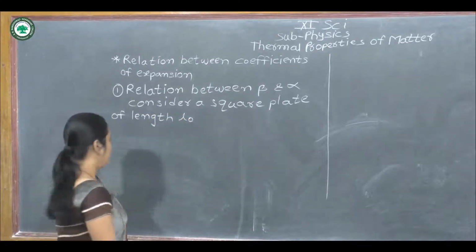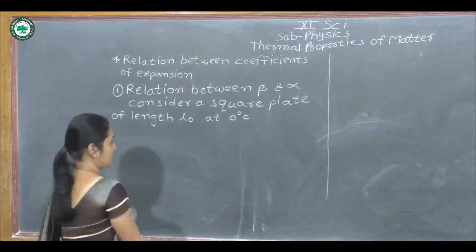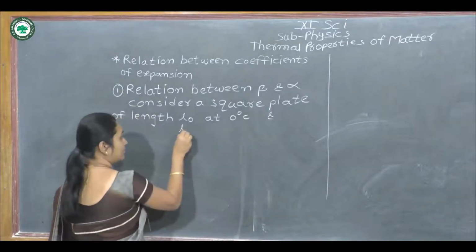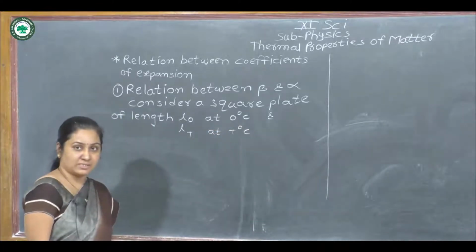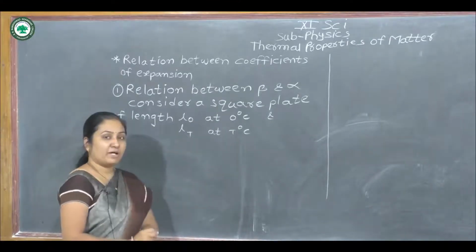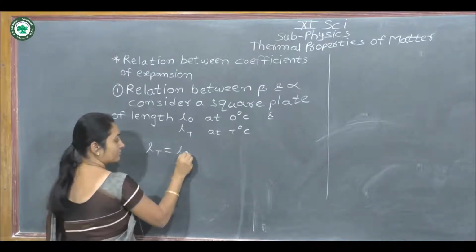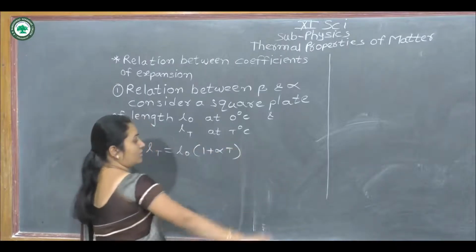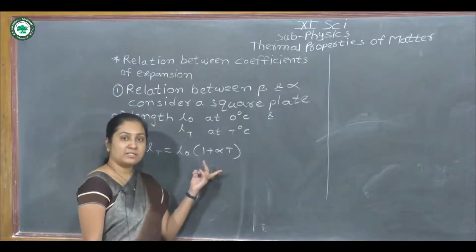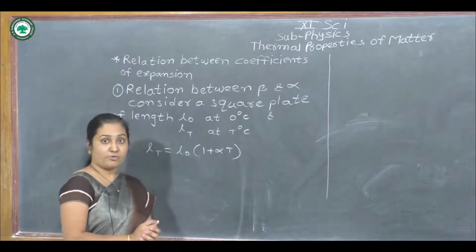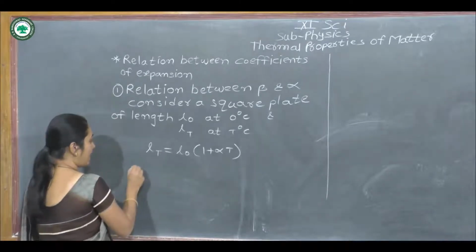From this square plate we can write the equation of alpha as LT equal to L0 in bracket 1 plus alpha T. We have written this equation from the formula of the coefficient of linear expansion, that is alpha.